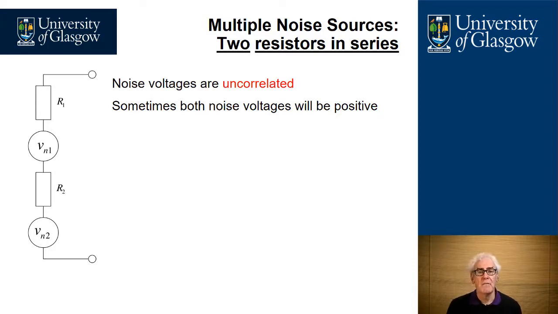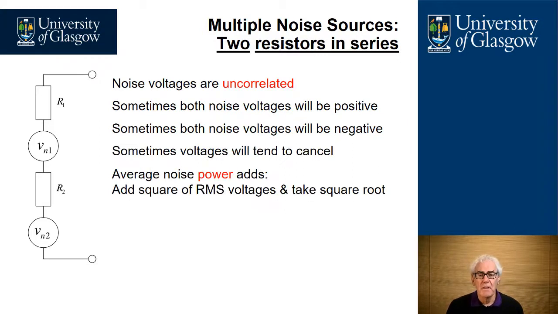And in the case of VN1 and VN2, if they were approximately the same value, then we could have VN1 and VN2 adding together, or VN1 and VN2 cancelling each other. So in this case here, our average noise power from these two add, and the noise power adds.